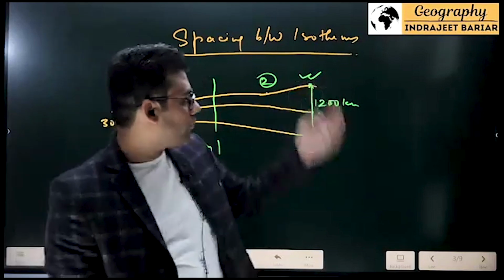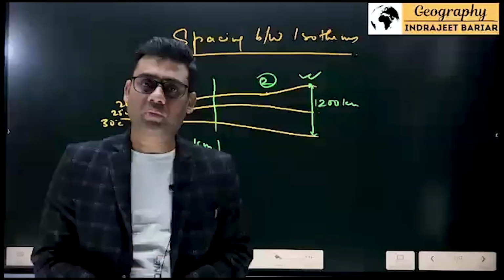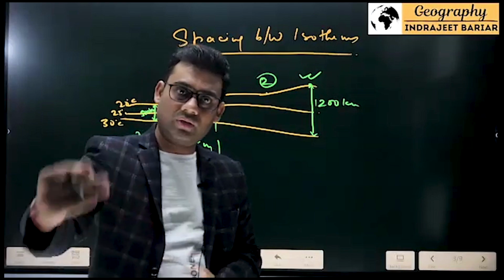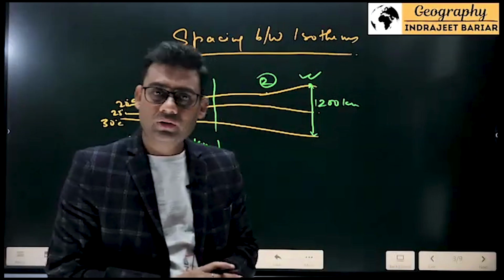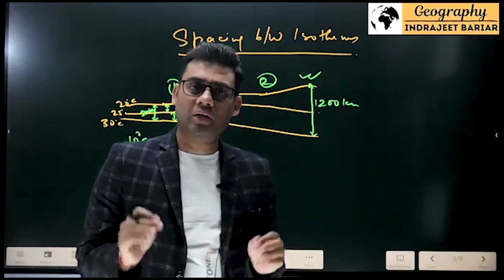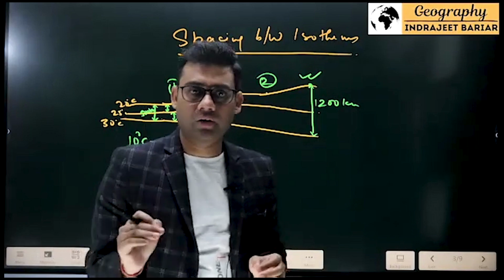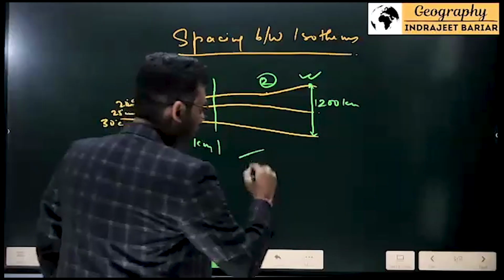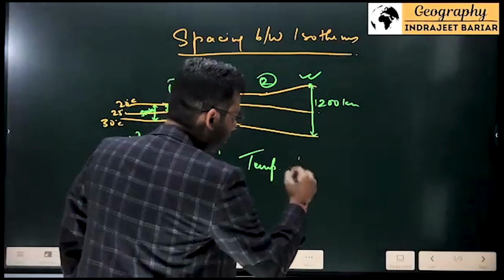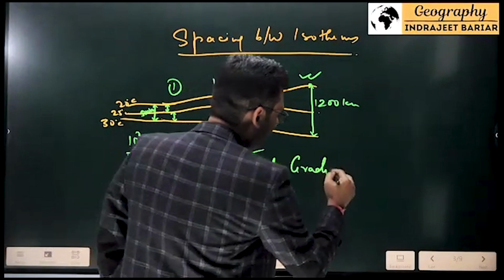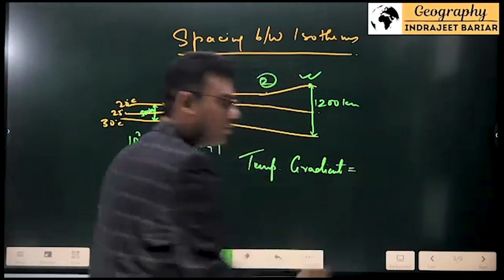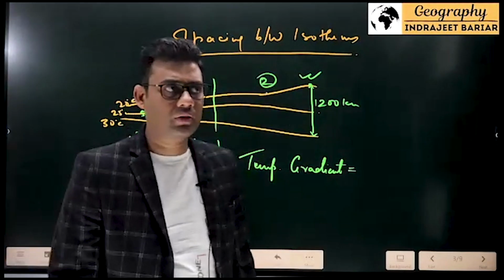Whereas if they are widely spaced, then the temperature change with distance is gradual. This is what we measure with respect to a parameter called gradient. So over here we have a parameter called temperature gradient. And gradient simply means change per unit distance.